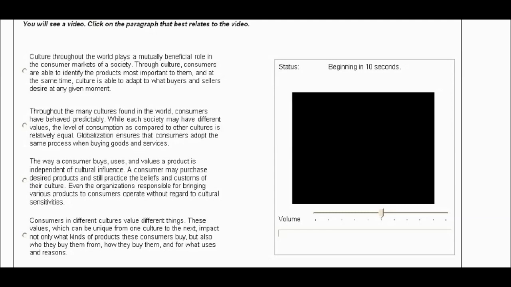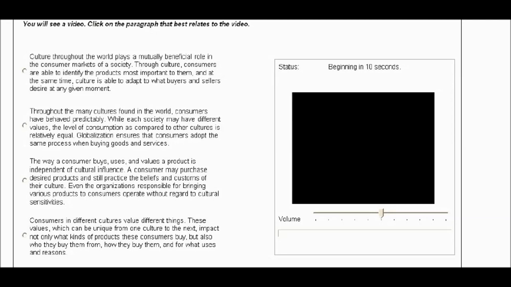So this is the end of this paragraph, okay? Now listen to that paragraph. What does it mean? This paragraph is about what consumers are going to buy, and it explains that in different parts of the world, consumers buy different things.